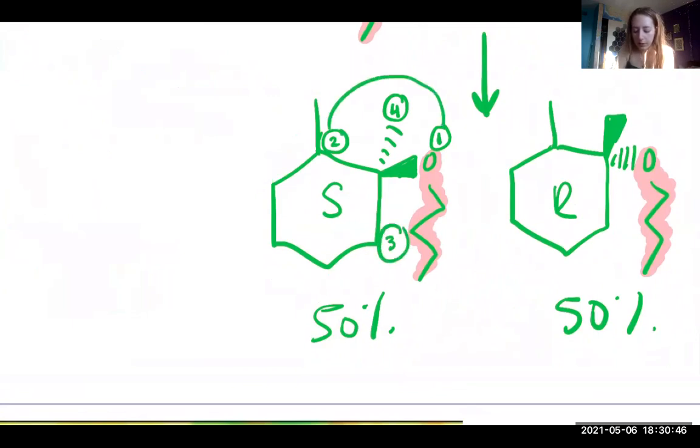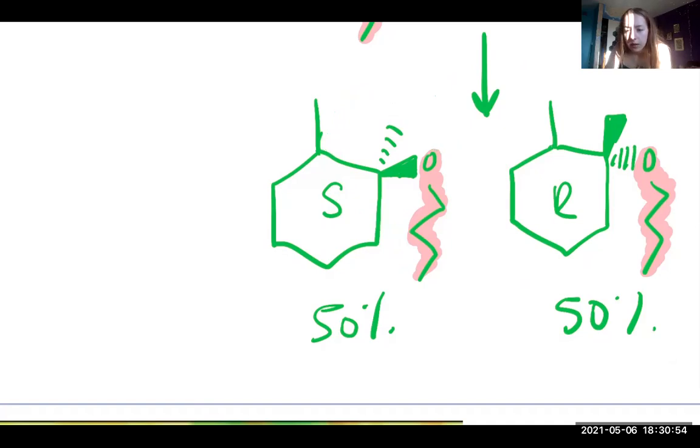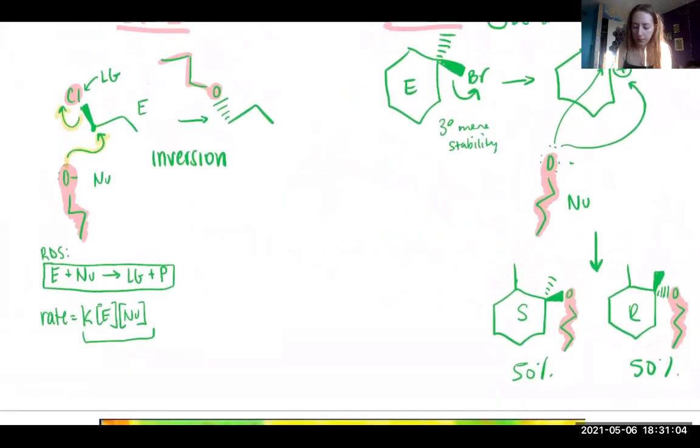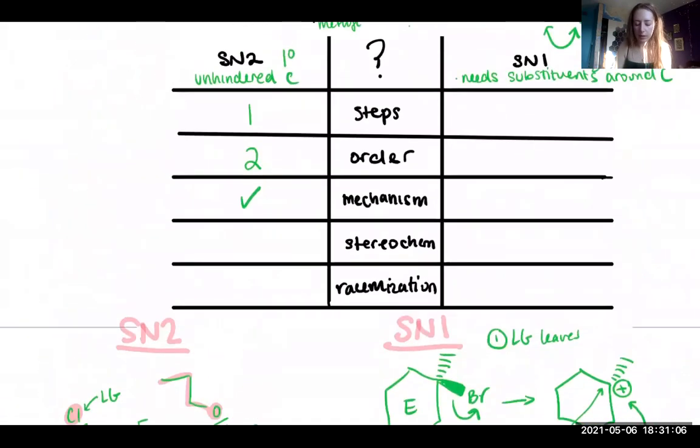And so I connect the 2, and then you get S that way. And then you'll get the opposite for the other. When the nucleophile attacks, you make it wedged or dashed based on the opposite of what was already there. Yes, for SN2. Okay, I'm going to jump back so we can finish what's going on here.